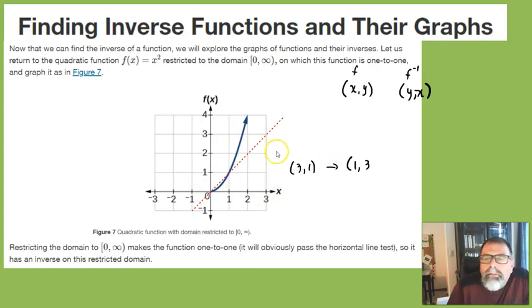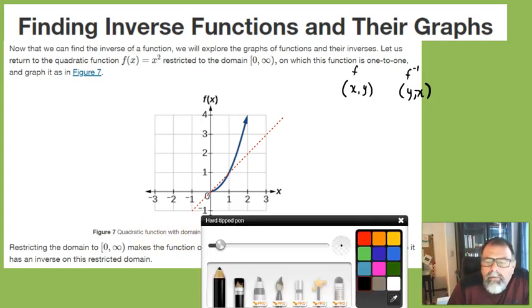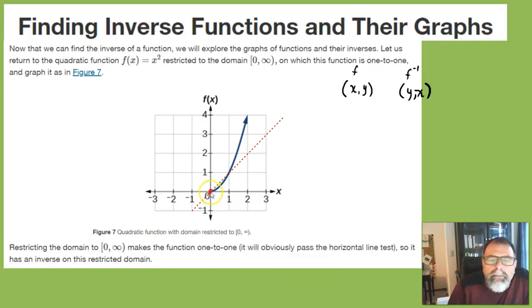So what you can do is take each point that's on the blue graph here, let's make it red. This 0, 0, when you reflect it, stays at 0, 0. So any points that intersect the line y equals x are going to stay put.